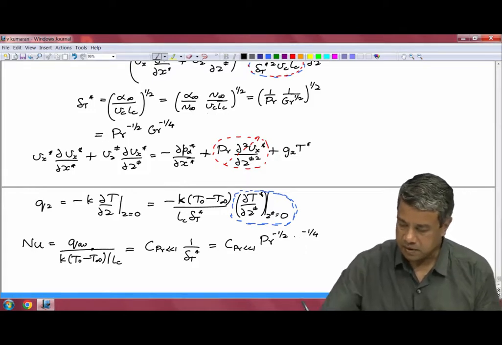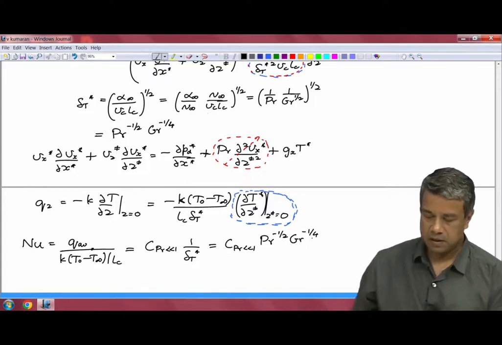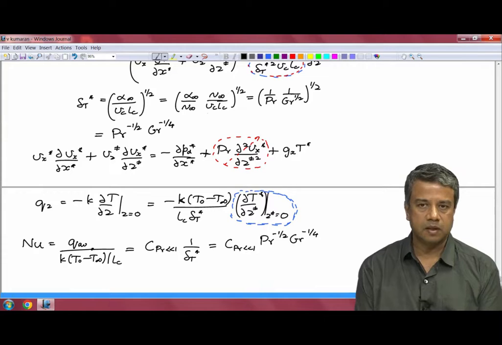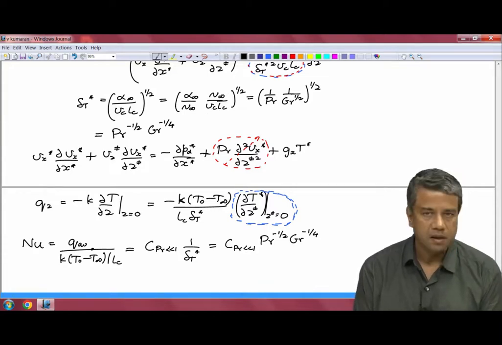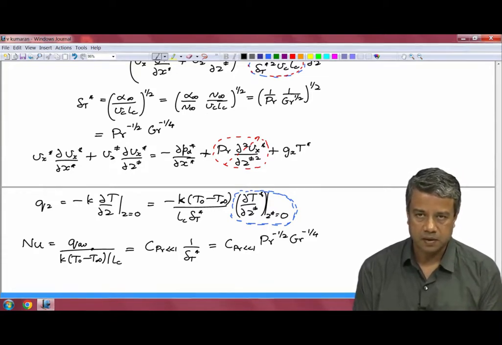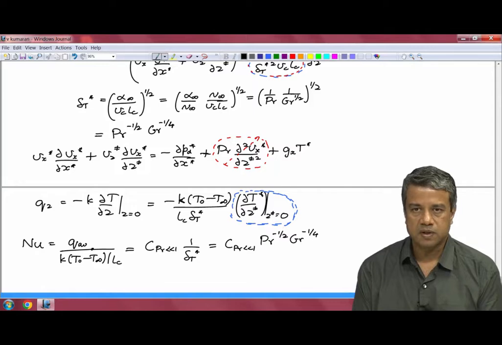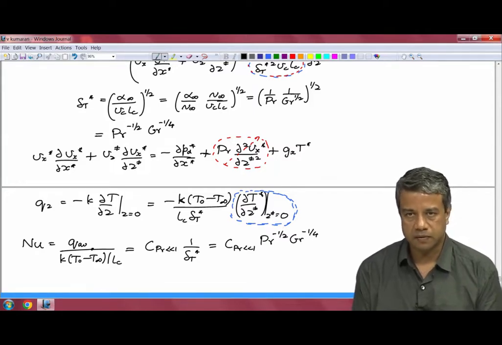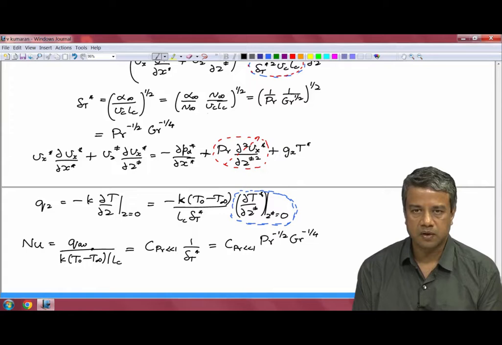So, this is the dependence of the Nusselt number on the Prandtl number and the Grashof number in the limit of low Prandtl number, momentum diffusion small compared to thermal diffusion. The effect of momentum diffusion is restricted to a thin boundary layer, which is much smaller than the boundary layer for thermal diffusion.